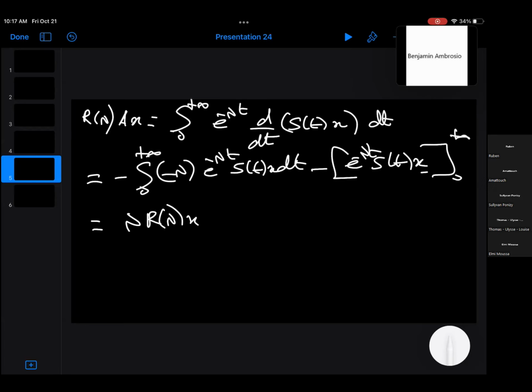And at t equals 0, I get x. So finally it is that. So this gives x.